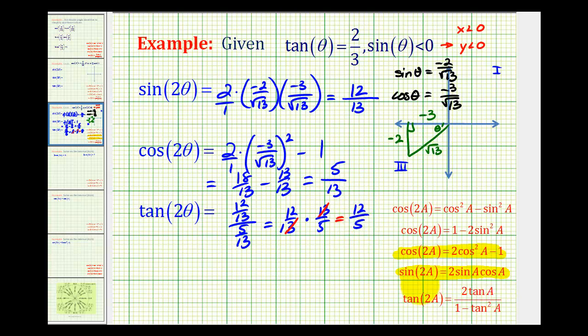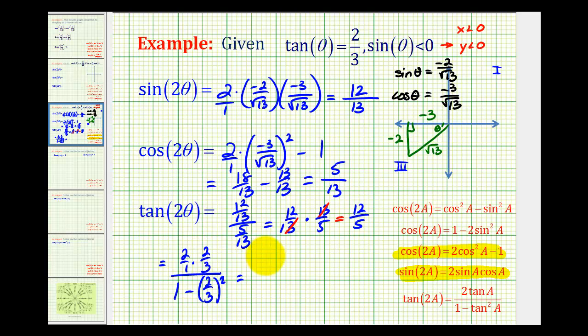Now I'll go ahead and apply this double angle identity anyway, but you can see this is pretty straightforward if we already have sine 2 theta and cosine 2 theta. But using the identity, we would have tangent 2 theta is equal to 2 times tangent theta, or 2 over 1 times 2/3, divided by 1 minus tangent squared theta, which is 2/3 squared.